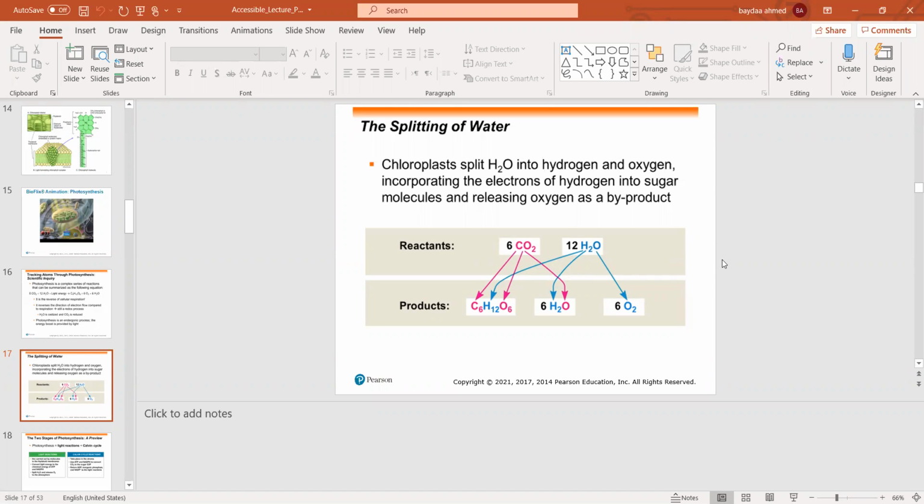In the 1930s, Van Niel of Stanford University hypothesized that plants split water as a source of electrons from hydrogen atoms, releasing oxygen as a byproduct, and this was then confirmed by using a heavy oxygen isotope, oxygen-18, as a tracer to follow the path of oxygen atoms during photosynthesis.